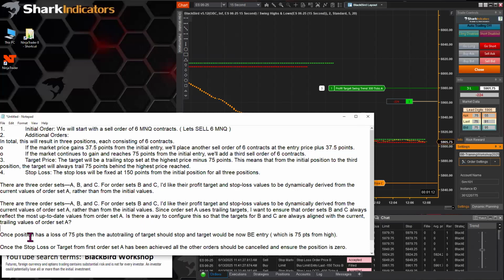Okay. Yeah, this is what I was remembering, that there was some element of turning the trailing off at some point, and also making sure that our extra scale in entry orders were canceled. I mean, that should always go for every system that does cost averaging.